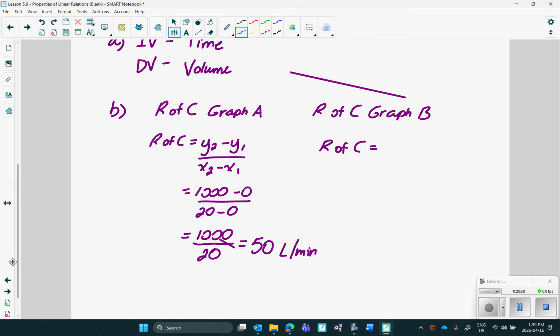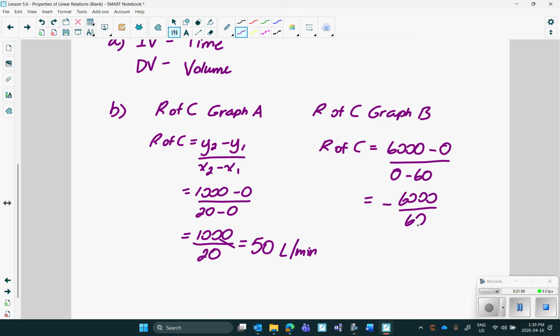6,000 minus 0 over 0 minus 60. That gives us negative 6,000 over 60, which is negative 100.